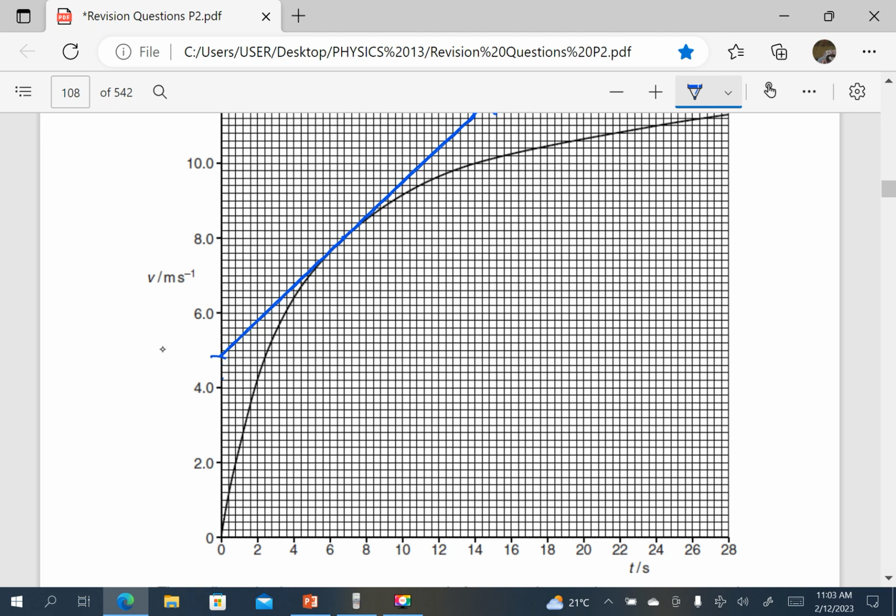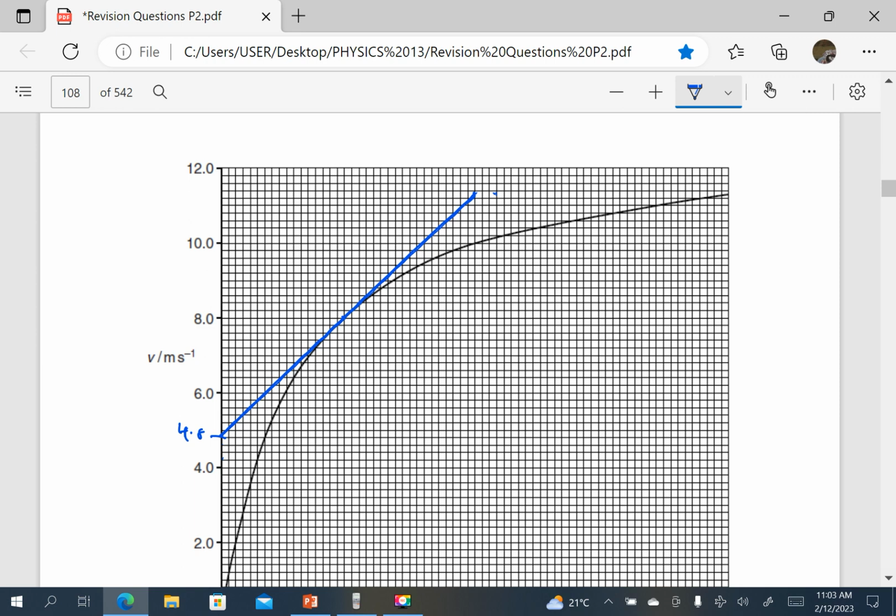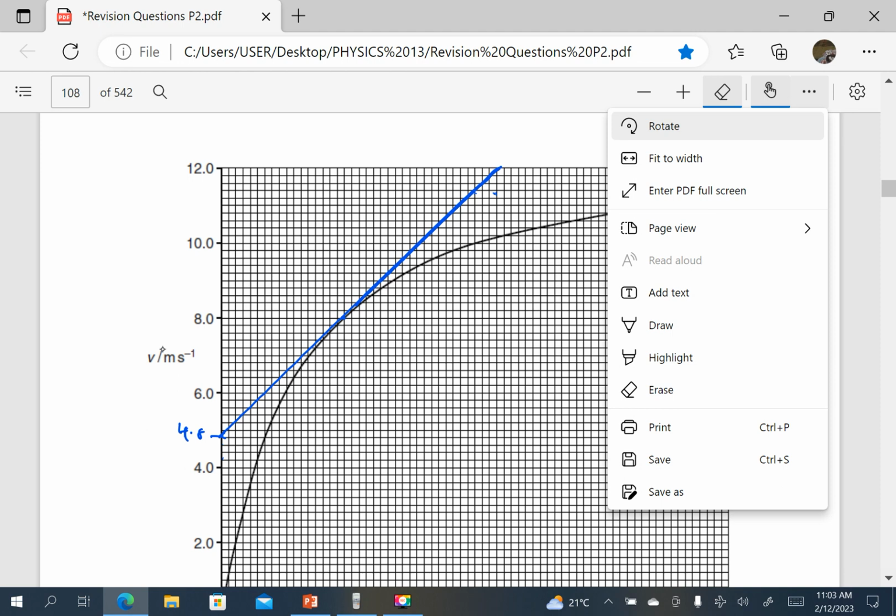Here, the scale is 0.2, so this is 4.8. On the vertical, I will take it up to that point to find the tangent.